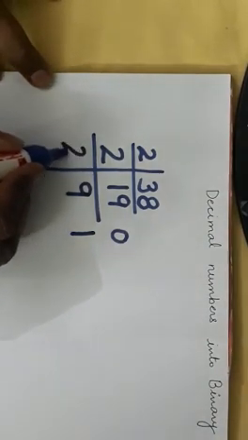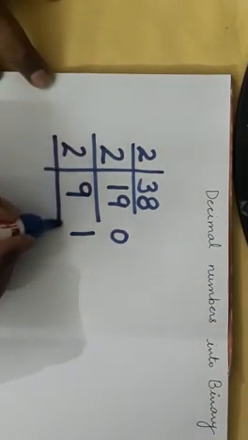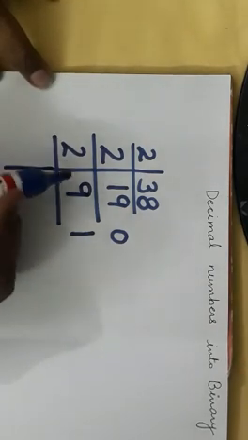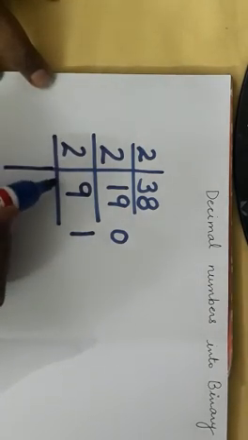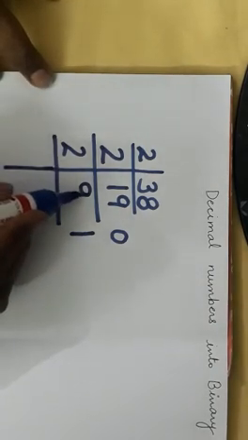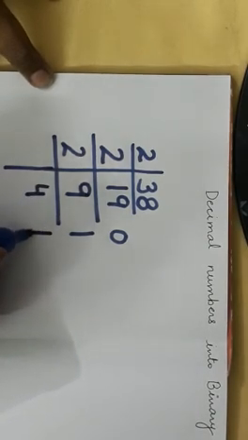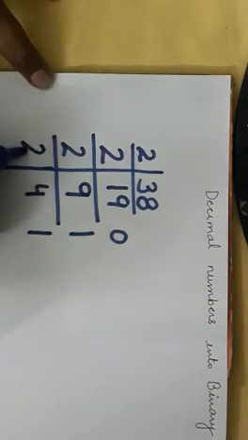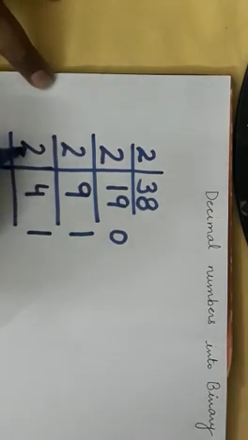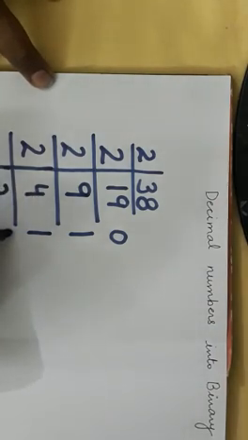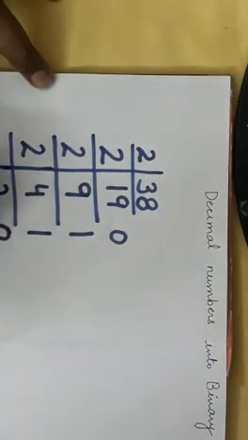Again we repeat the step, read the table, and find that it will go 4 times and the remainder will be 1. Again we will read the table, 2 2s are 4 and the remainder is 0.